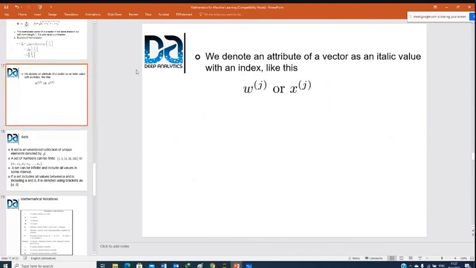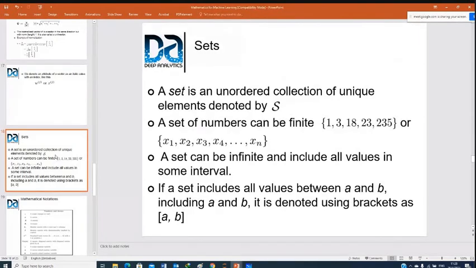Right. So if we move on, we denote an attribute of a vector as an italic value with an index like this. So we can call it WJ or XJ. And then if we move on to set notation, a set is an ordered collection of unique elements denoted by S. A set of numbers can be finite, and the representation can be like this: x1, x2, x3, and so on.